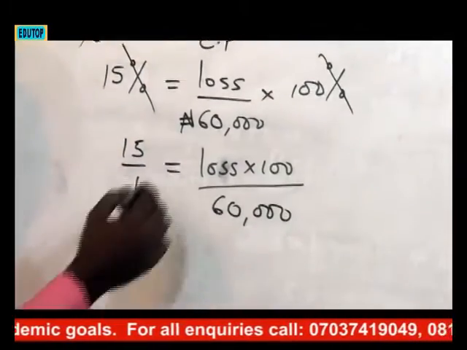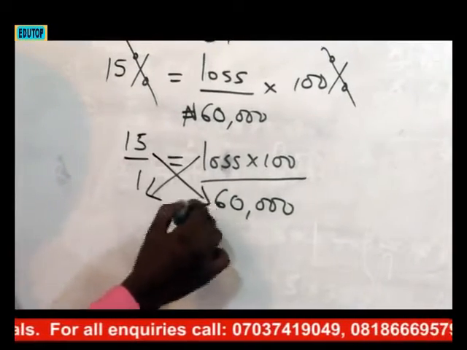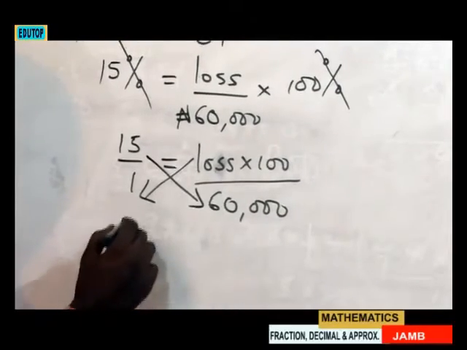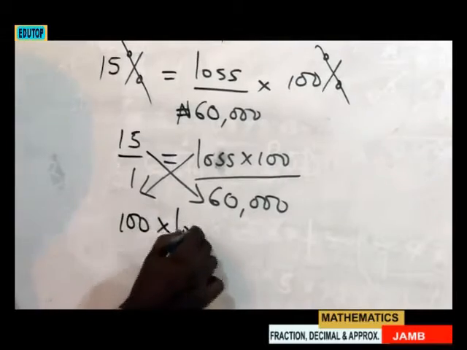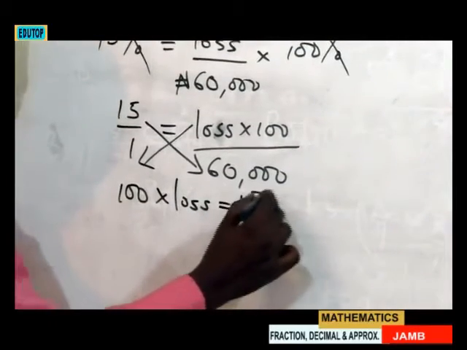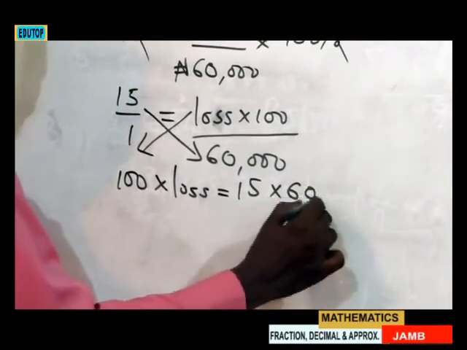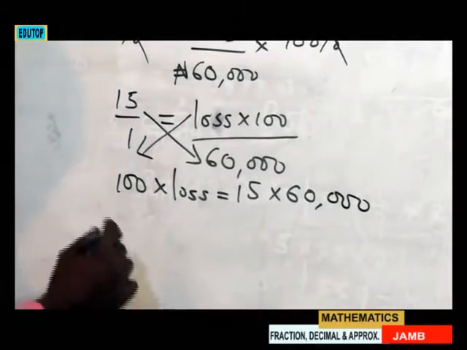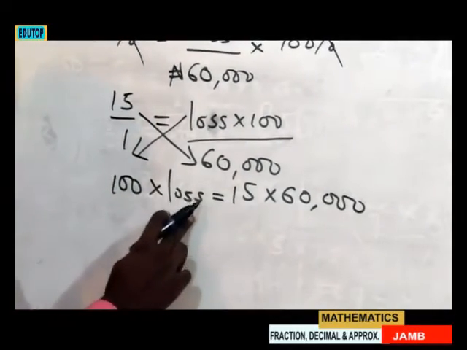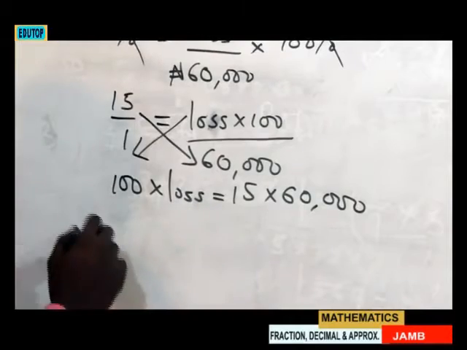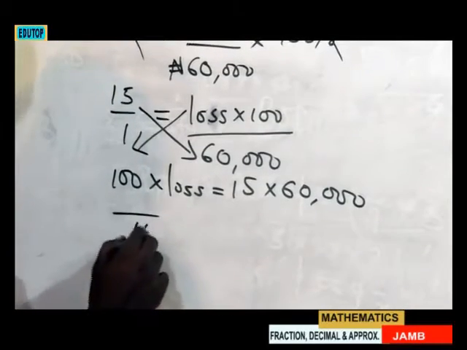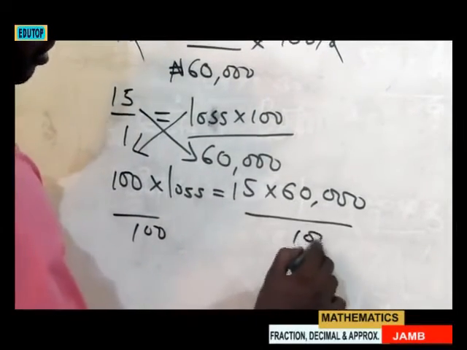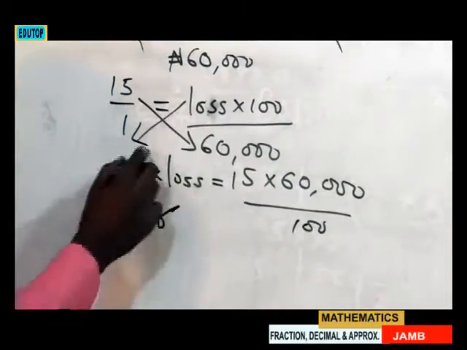So we cross multiply. So we have 100 times loss equals 15 times 60,000. Since we are looking for loss, we divide both sides by 100. So this 100 can cancel this 100.